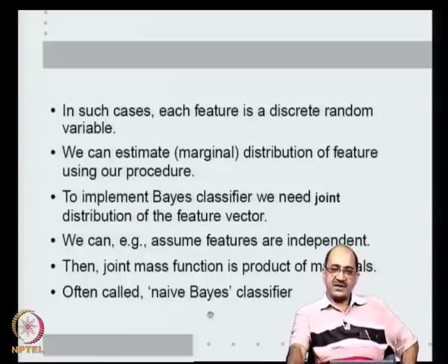As a matter of fact, for information retrieval people, the naive Bayes classifier is a very important classifier. And the last example we considered in maximum likelihood estimation is how you can estimate the mass function of any of such discrete features which take only finitely many values.